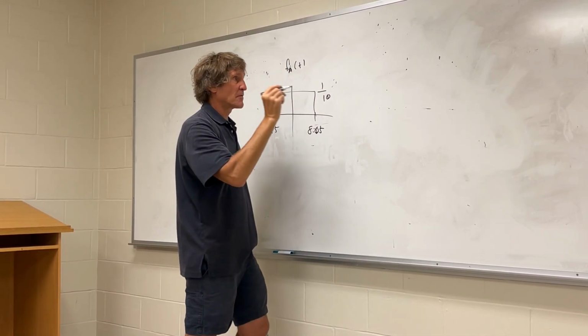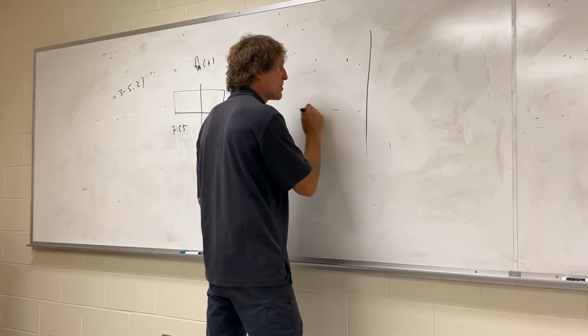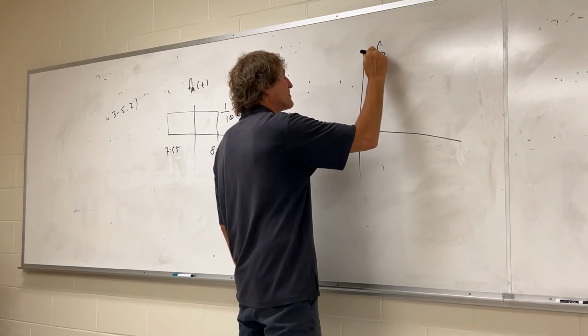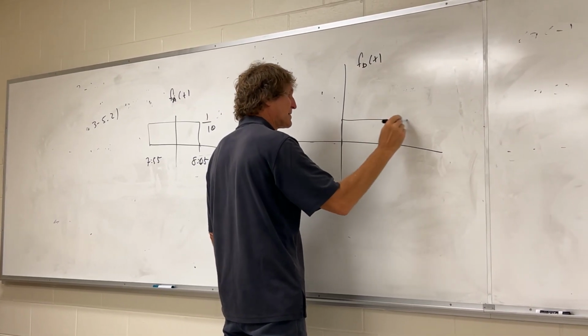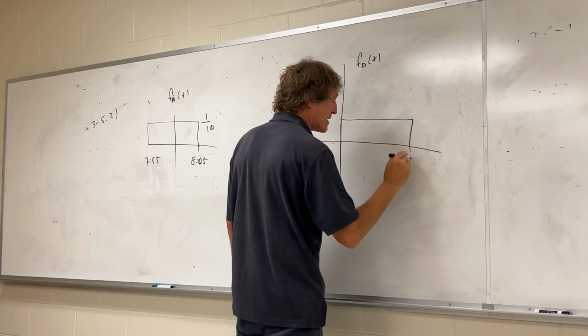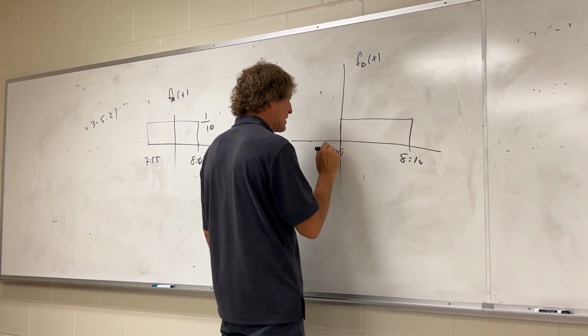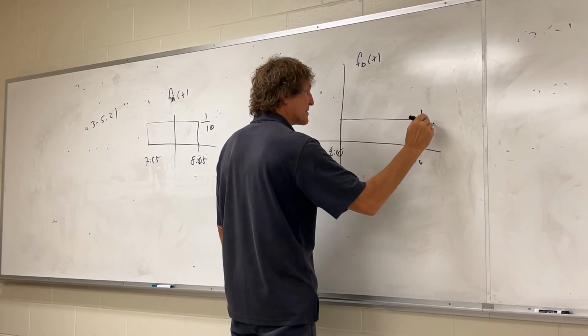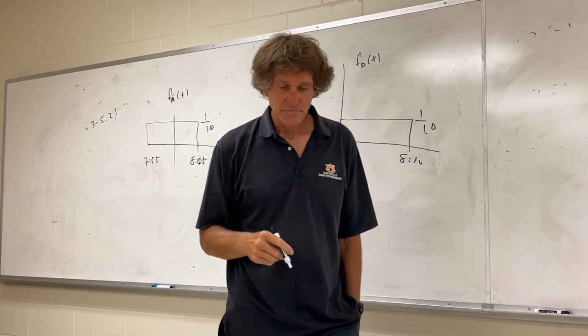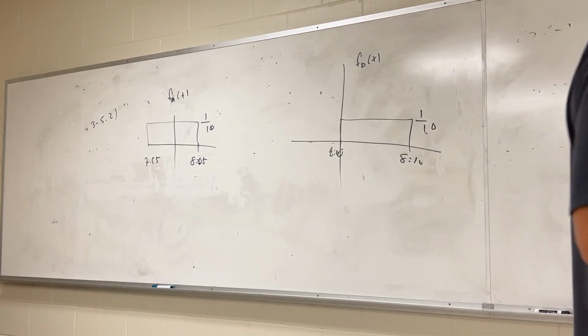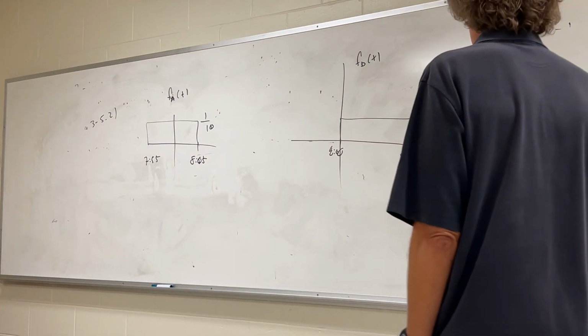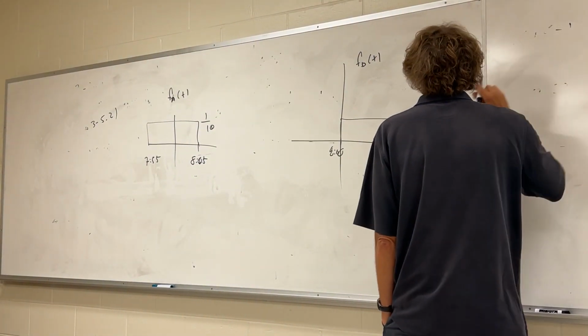And then over here he has the train's departure time, f of d of t, and that goes from 8 to 8:10. It's got a height of 1/10. And then he wants you to find the probability density function of the time interval between the commuter's arrival at the station and the train's departure time.